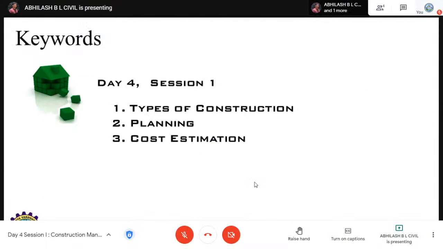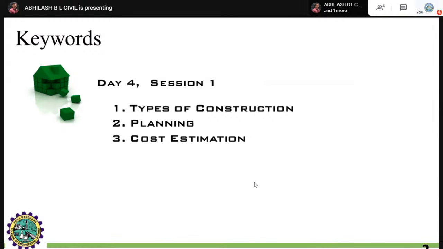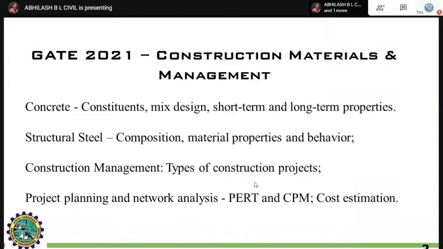Yes, these are the keywords I am concentrating on today: type of construction, planning, cost estimation. On day 2, session 1, we briefed you regarding the different construction materials, that is concrete, aggregates, cement, fine aggregate, coarse aggregate, structural steel, soil, and how to prepare bricks.